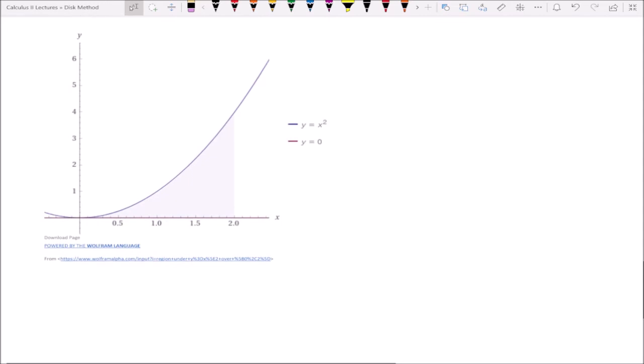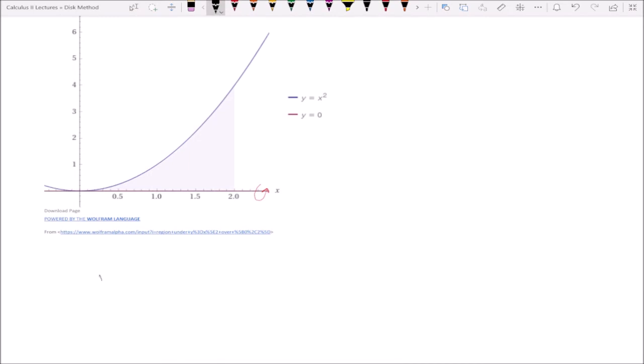Okay, here we go. So what I'm going to do is draw the rotation in red. We're rotating about the x-axis like so. It might be difficult to see, but there is a slightly shaded region here. Well, we already know what our radius is: f of x, which is x squared.